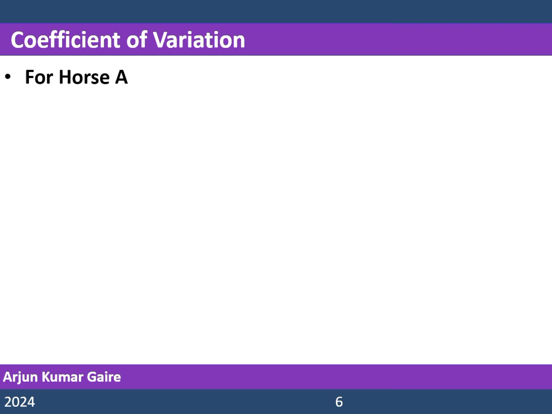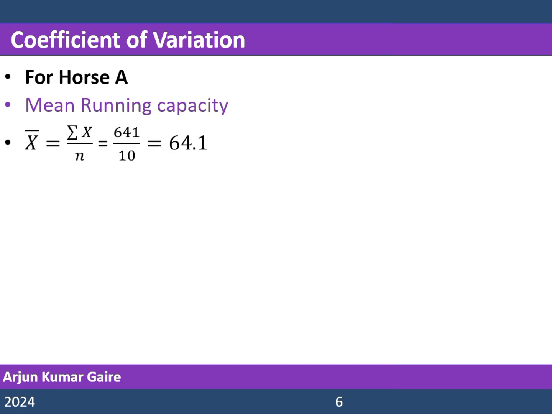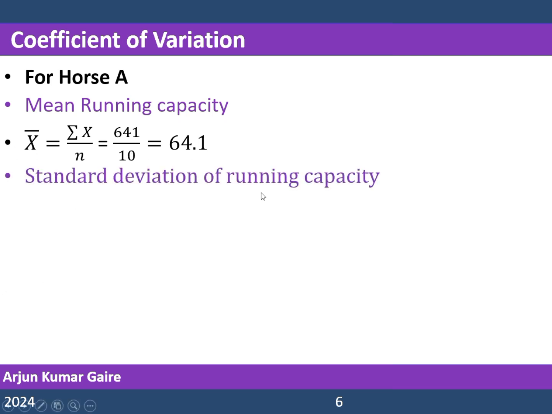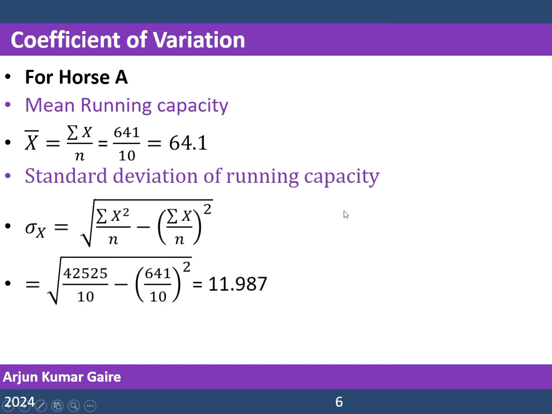For horse A, the mean running capacity is computed as x bar equal to 64.1, and the standard deviation of running capacity of horse A is computed as 11.987.